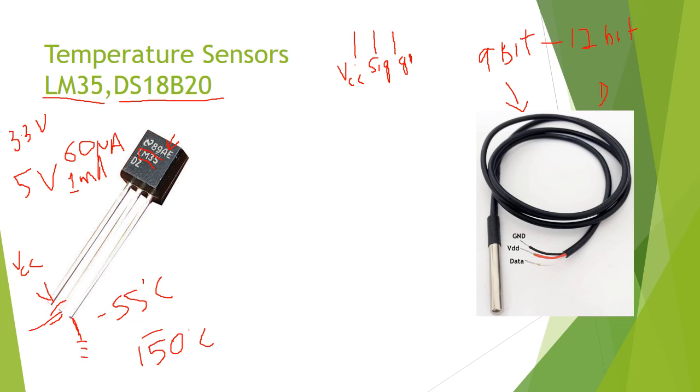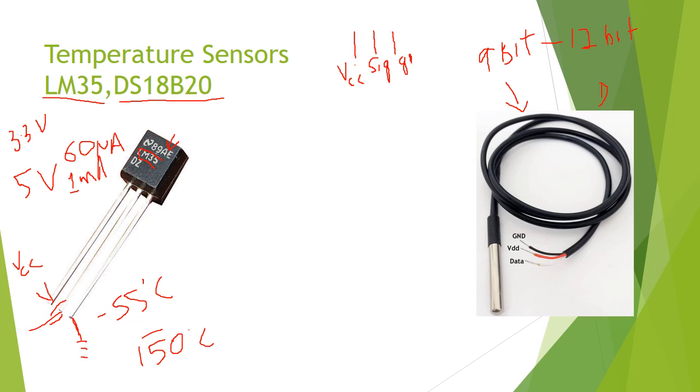So this is the maximum range of the current. Now naturally, if you are giving a voltage of 3.3 to 5 volt, obviously the data pin that is sending your data will also have a voltage less than 3.3 or 5 volt.